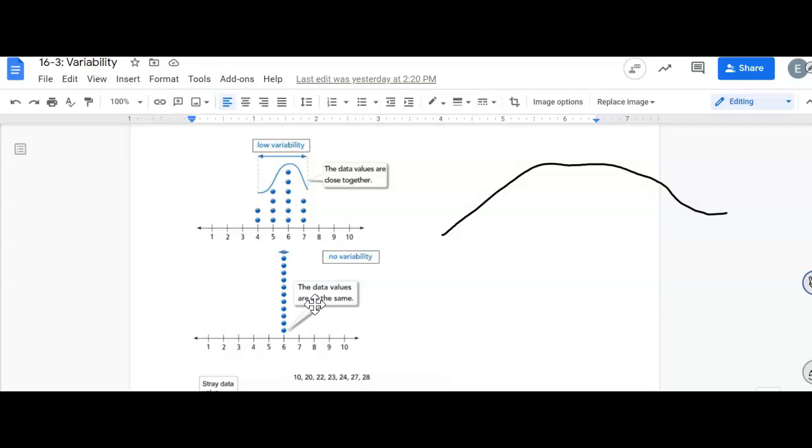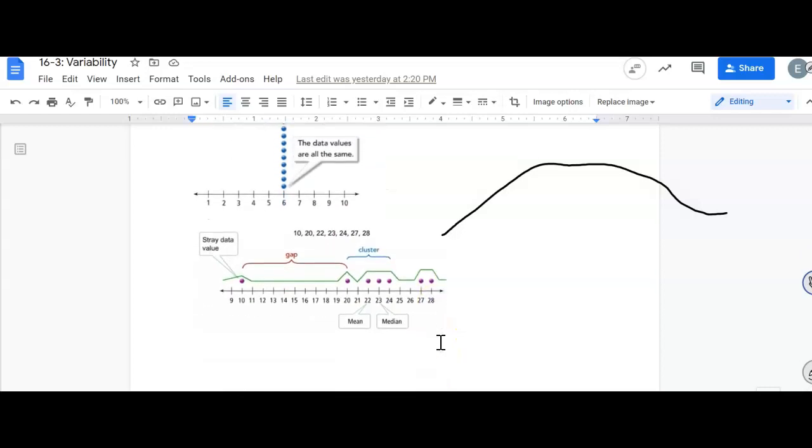You have a graph at the very bottom of the front side of those guided notes. Talk to your neighbor and decide whether you think that graph is high or low variability. This one right here.